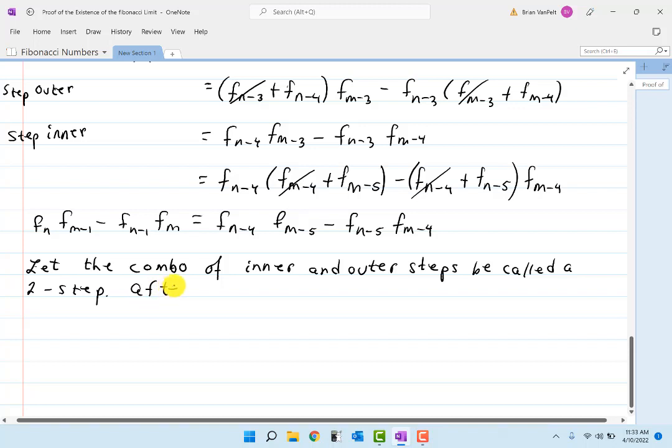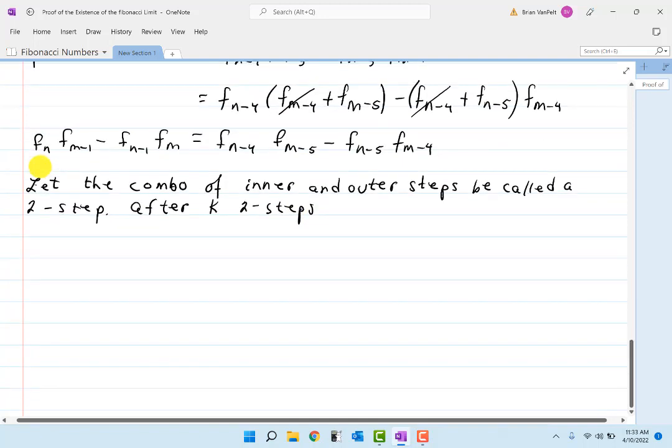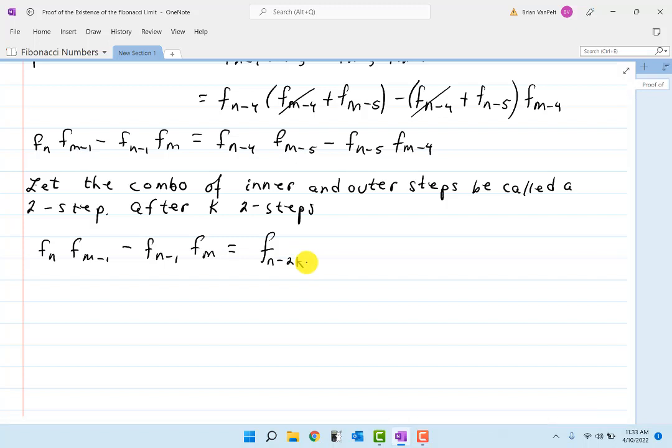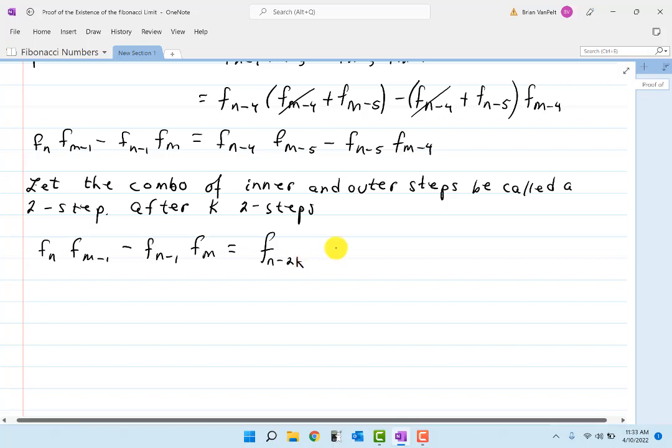After k two-steps, this is what our equation is. f sub n, f sub m minus 1, minus f sub n minus 1, f sub m. That'll equal f sub... I'm going to make my letters big so that you can see all these things. Each time you do a two-step, you reduce the indices by 2. So if you do this k times, then this is the result you're going to get.